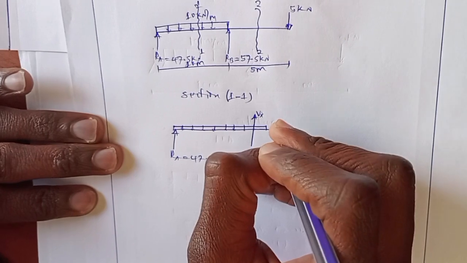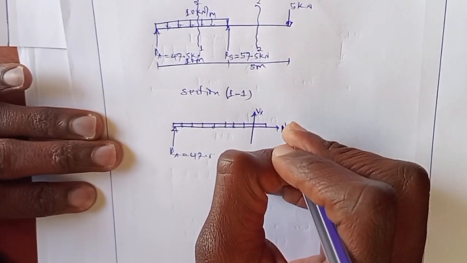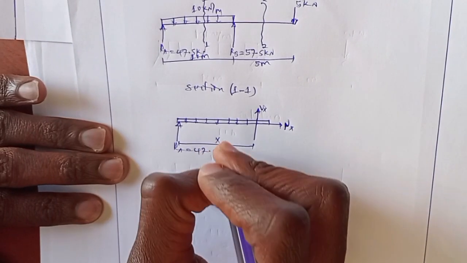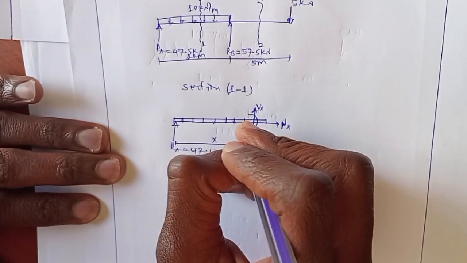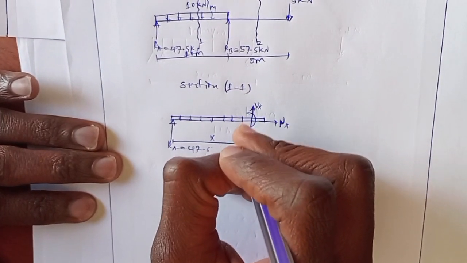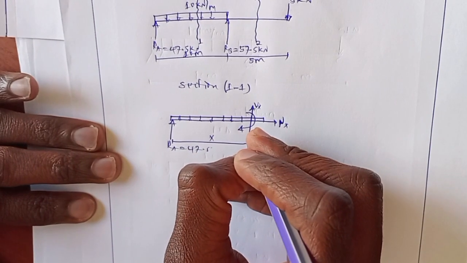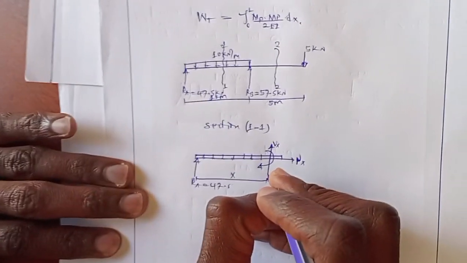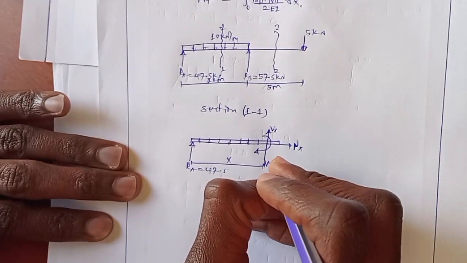These are internal forces. The normal force at a known distance x. This is a known distance x. Okay, this is the internal moment due to applied load at distance x. So let's say moment due to applied load at point x.